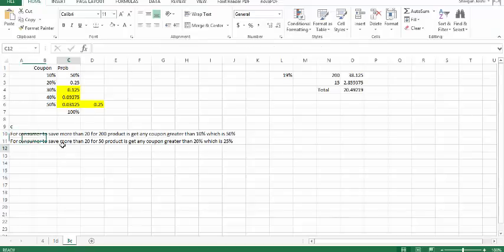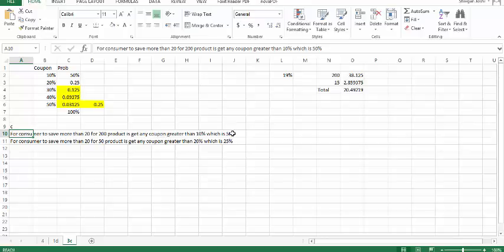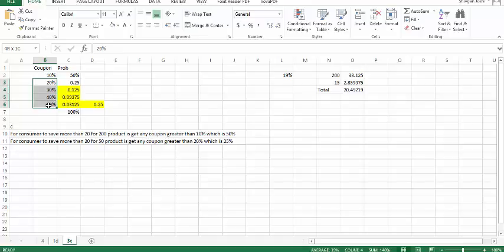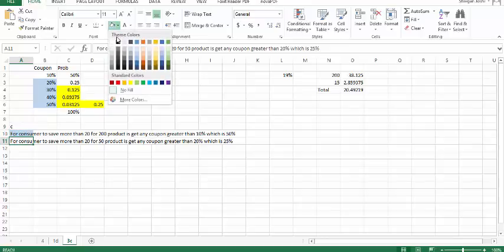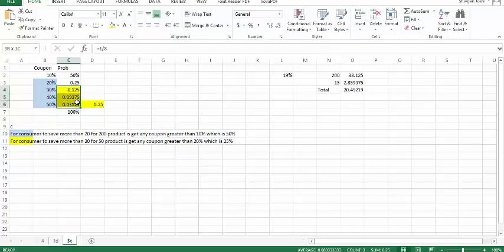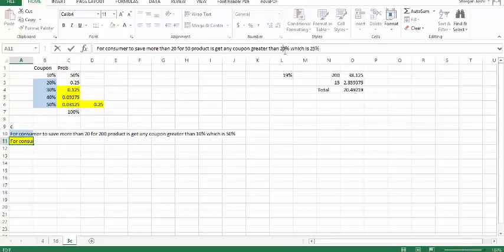For the first half, this is 10%, and we know that getting a discount greater than 10%, or $20 for 200, is 50%, which is this color. This is for the first one, and this is for the second one, which is the sum of greater than 20, because to save $20 on $50 would be to save 40%, so greater than 40.